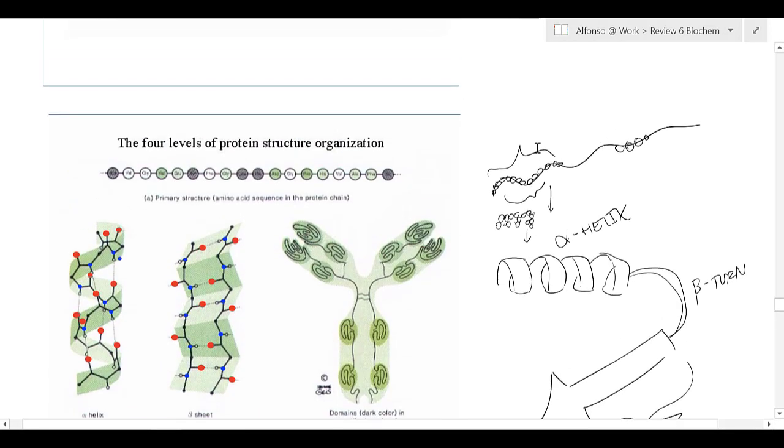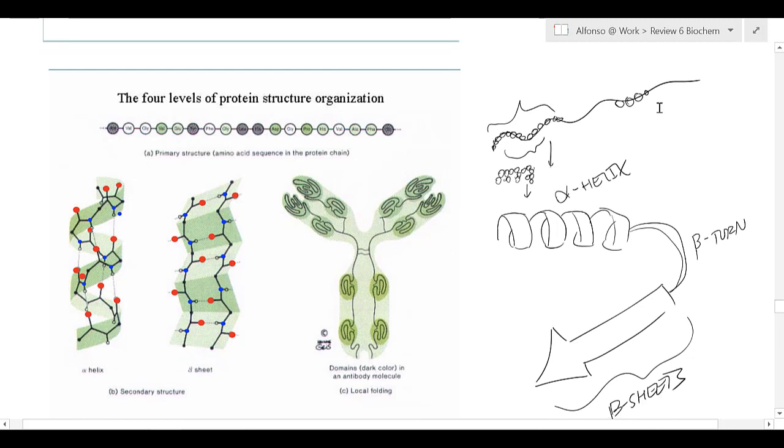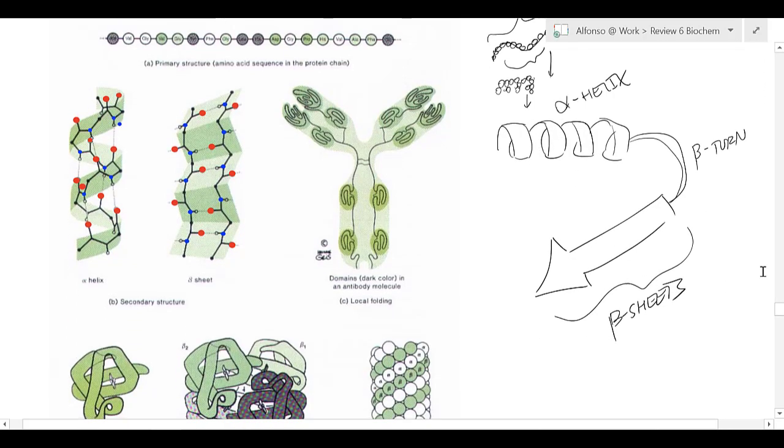Okay, so this polypeptide, which is the primary structure, so this right here is the primary structure, and within the primary structure, you'll have regions that get turned into alpha helices and beta sheets. So this will be another turn, and this will be another beta sheet.